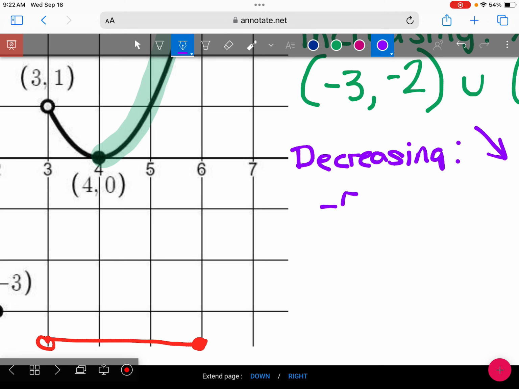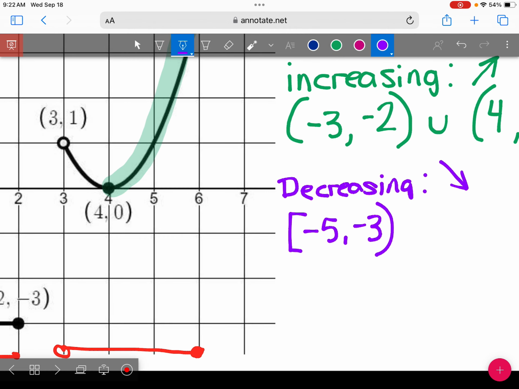So we're going from -5 to -3. Is our -5 included? Yes. Is the -3 included? No. Because that's where it's turning. The place where it's physically turning does not count as increasing or decreasing. Technically, it is a slope of 0 right there.